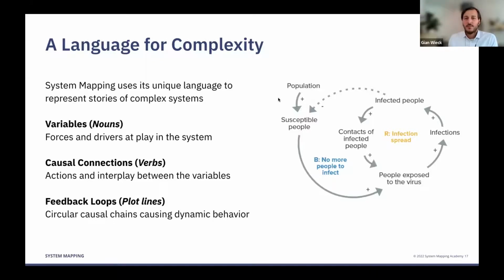When we have more infected people, and assuming a constant population, we have fewer susceptible people that can still get infected. So fewer people are exposed to the virus, we would have fewer infections, and therefore also fewer infected people. This would limit the number of infections a little bit. Obviously, this also assumes that there is immunity after the infection.